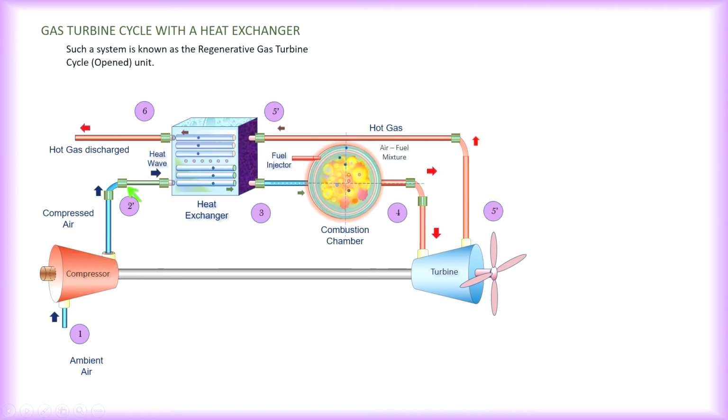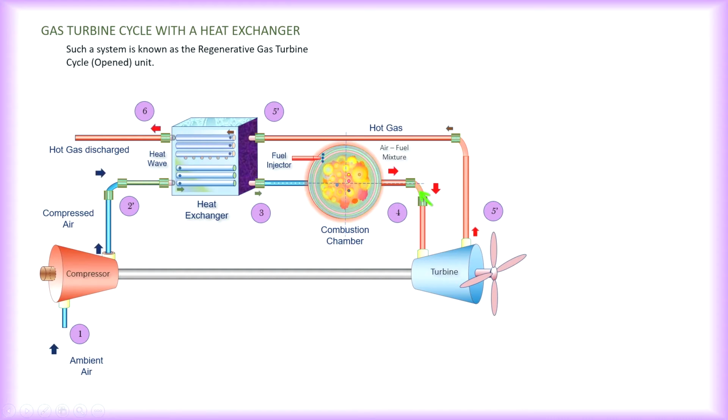The air will enter the heat exchanger or the regenerator before it goes into the combustion chamber, so that the temperature at the outlet of the heat exchanger will be raised slightly due to the exchange of heat from the hot gas to the air stream here. When it goes into the combustor, it undergoes constant pressure heating.